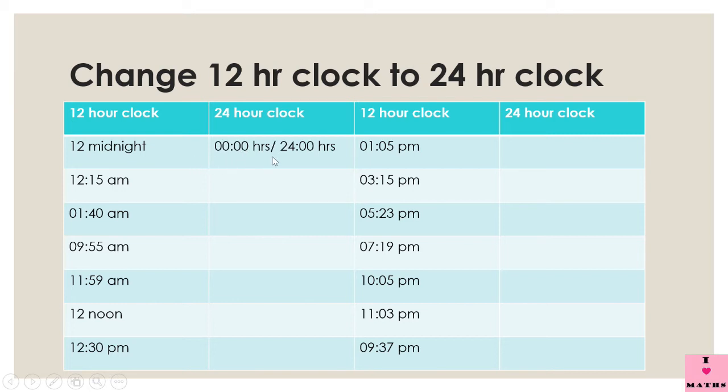So this is how we can write 12 midnight. Now 12:15 a.m. is the time 15 minutes after the day has started. So this time is written as 0015 hours. It shows that 15 minutes have passed since the day started.